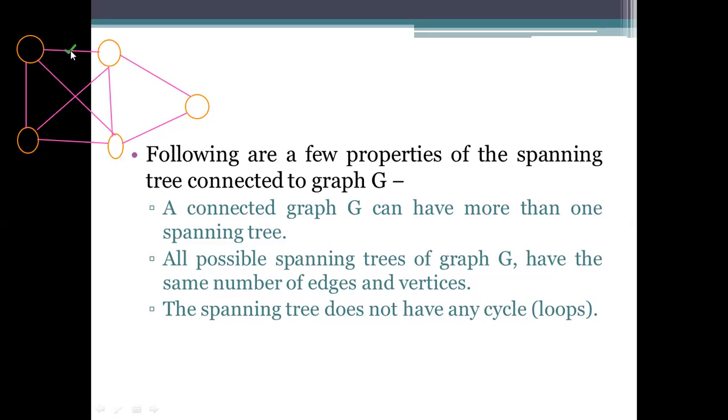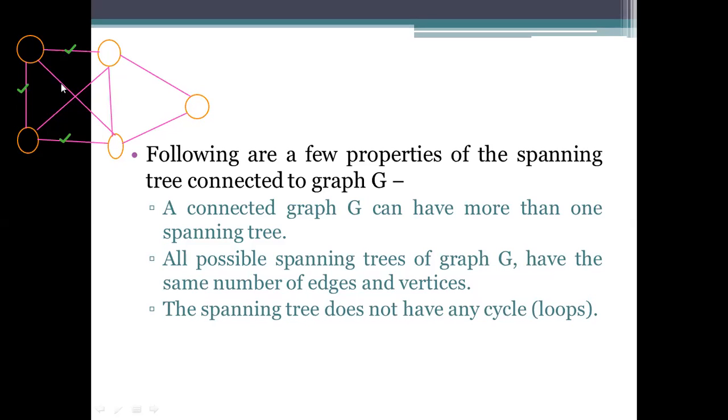We can use this edge, this edge, and this one, and we can't use this one. Why? Because it provides a cycle-like structure, a loop, which must not be taken.